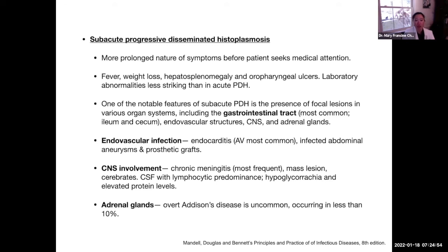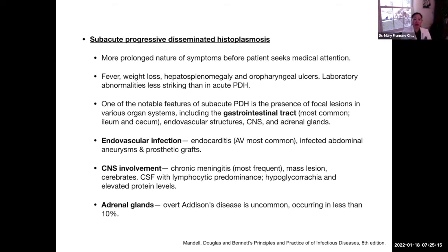But one of the notable features of subacute PDH is the presence of focal lesions in various organ systems, including the gastrointestinal tract, which is the most common. And usually if in the gastrointestinal tract, it will involve the ileum and cecum.